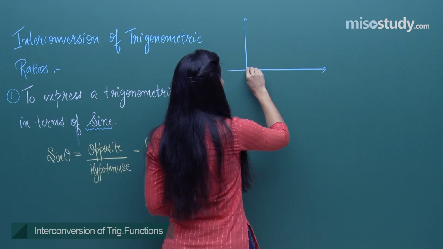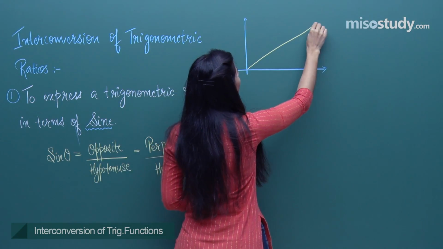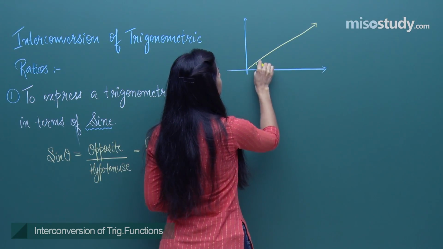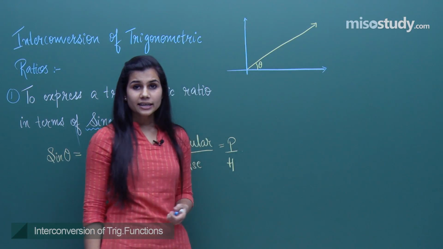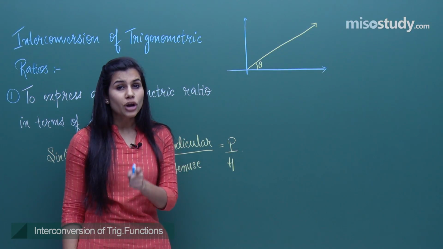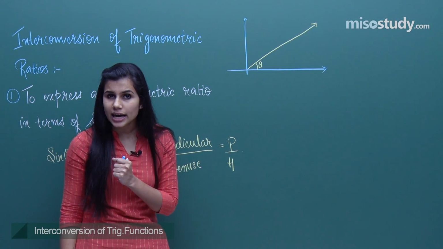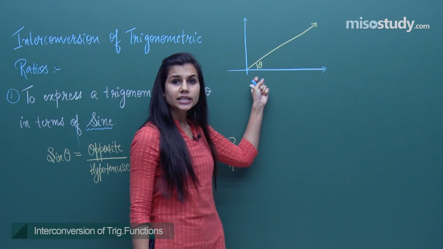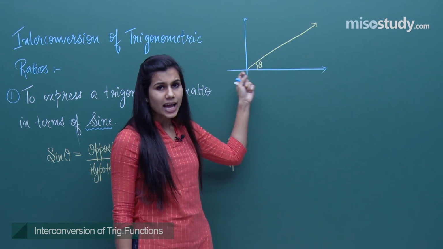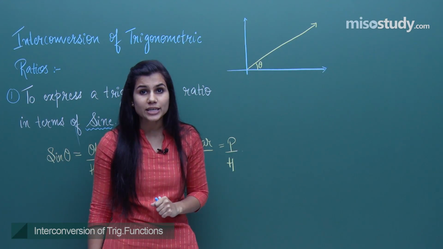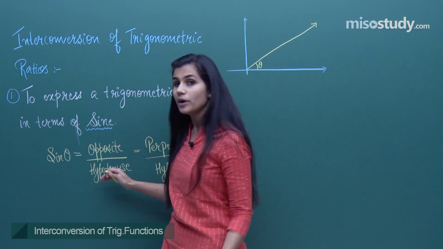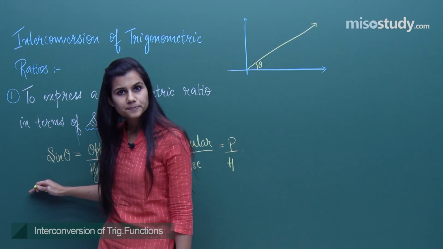Suppose your angle theta happens to be this. Then we need to make the triangle of reference of theta to pick up the opposite side lying opposite to theta, and to pick up the hypotenuse as well, and then get the ratio and then get the sine theta.